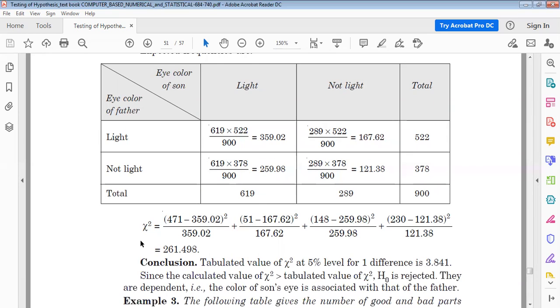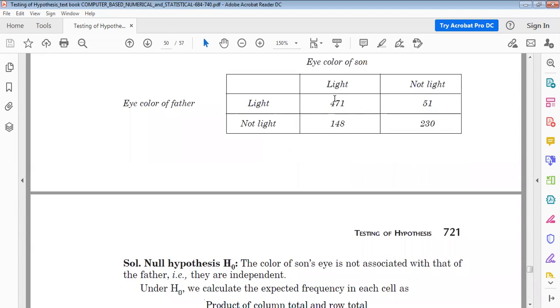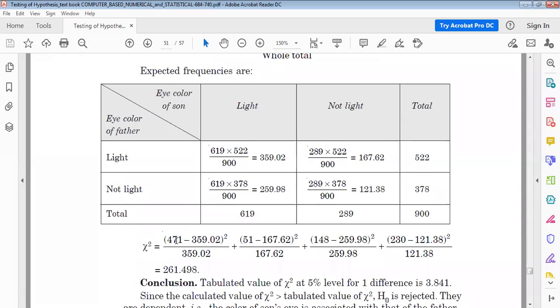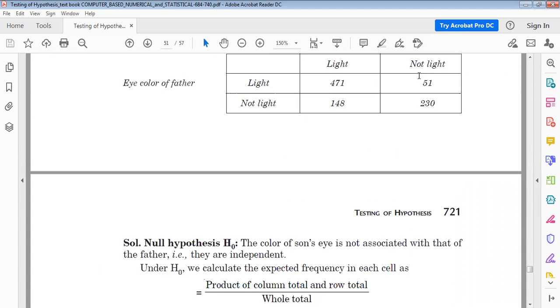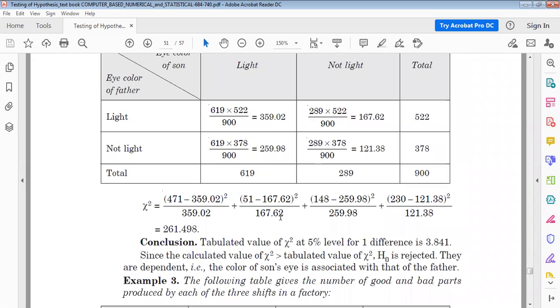So chi-square equals, this observed value, what? This observed value, what? 471. Understand? Expected value, what? 359.02. Minus this, whole square, divided by the expected value. Then the second observed value 51 minus its expected value, whole square, divided by the expected value.